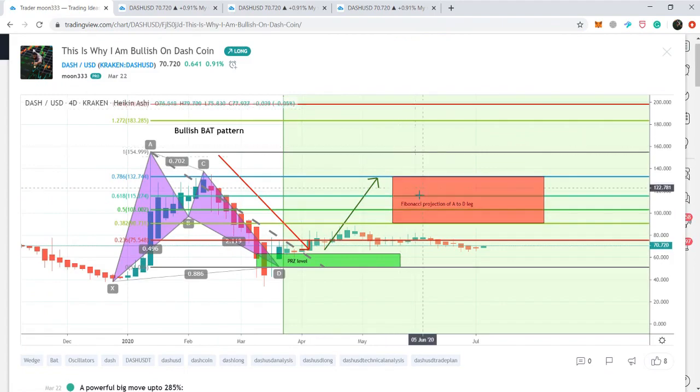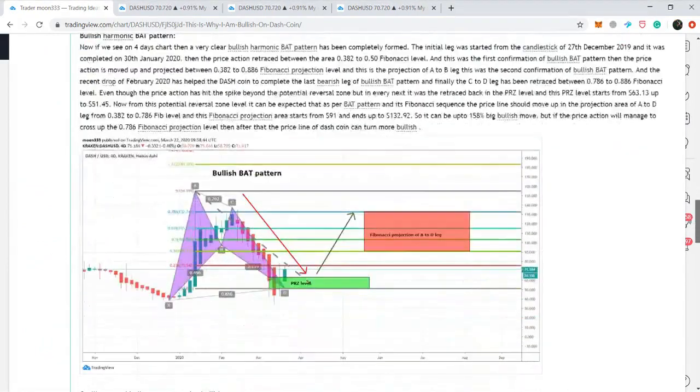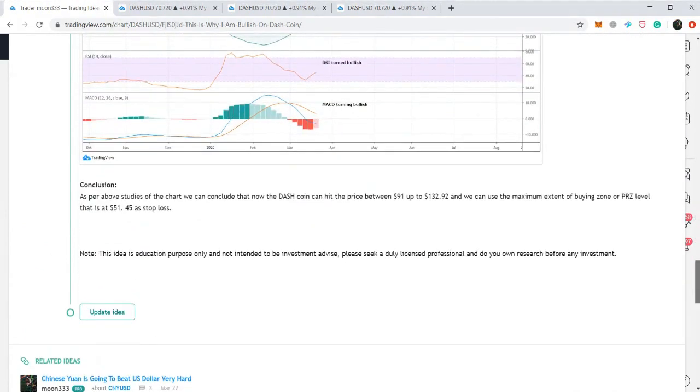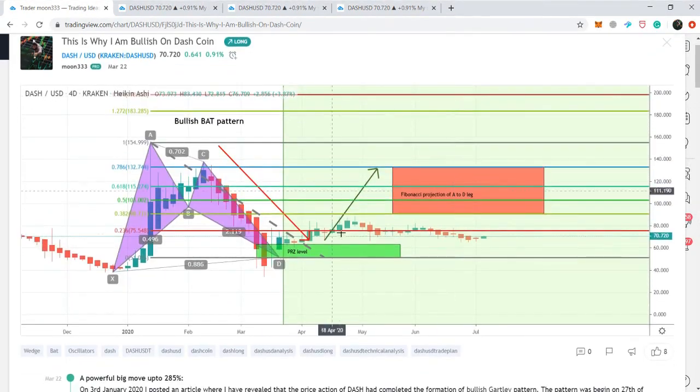And this Fibonacci projection level is in the price range of $91. Let me show you these targets. It is from $91 up to $132.92, almost $133. So this is our sell zone, or Fibonacci projection of the A to D leg.